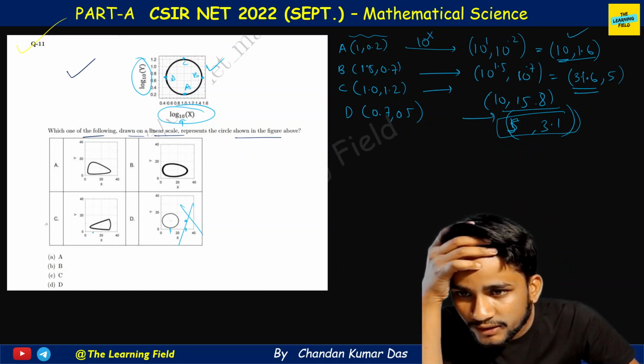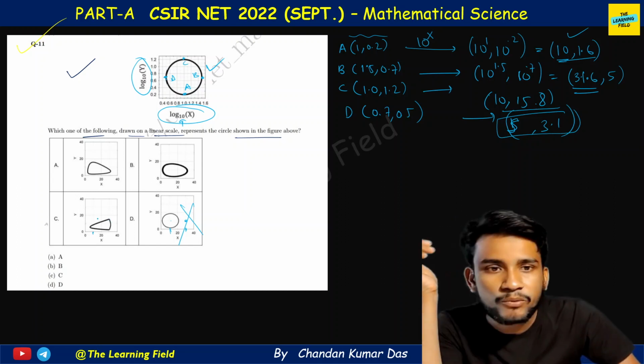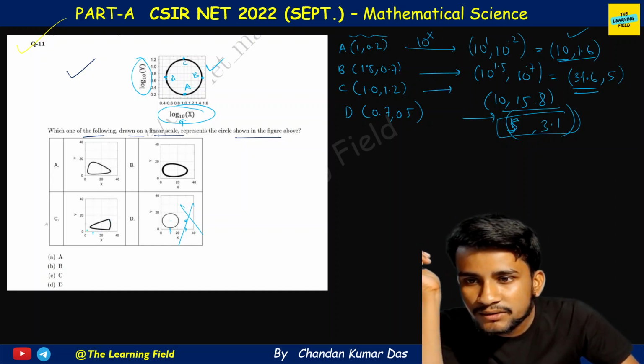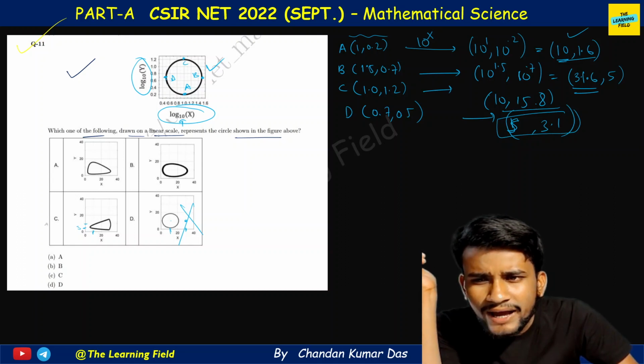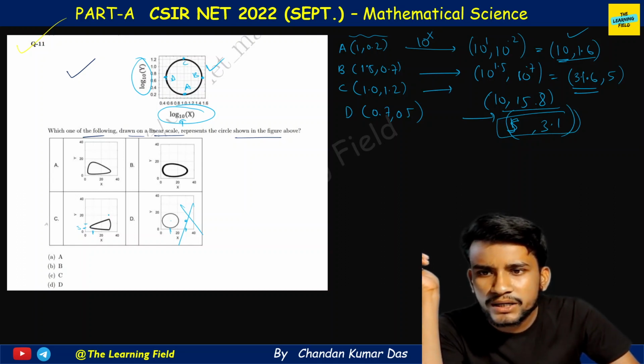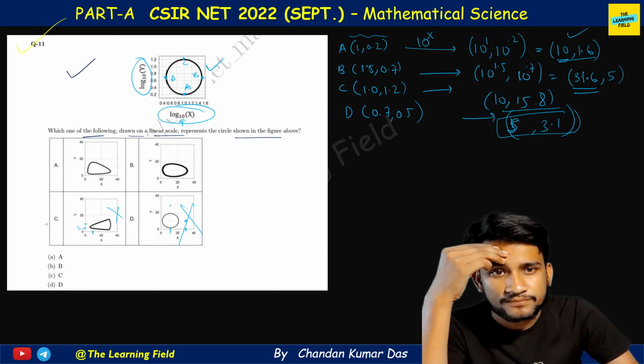Suppose this is the point 10. So 10, 1.6 means this is 10, and this is the point 5. 10, 1.6 means sufficiently close to the axis, so this you can also discard.